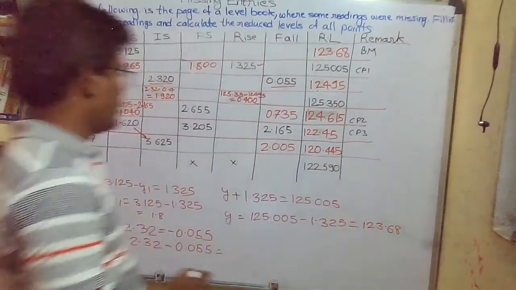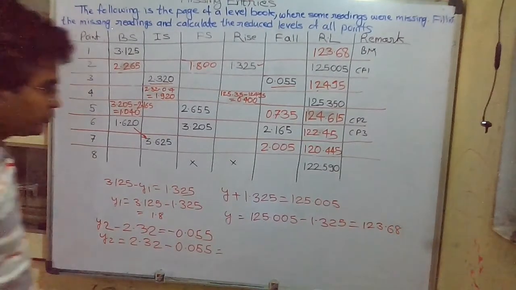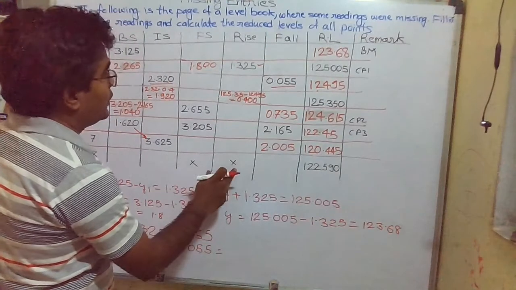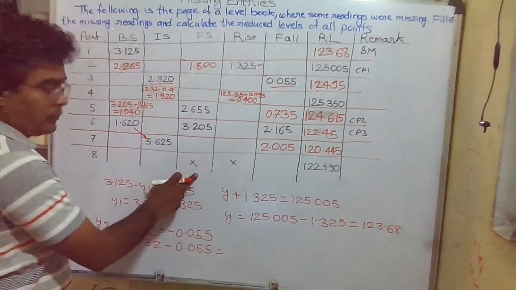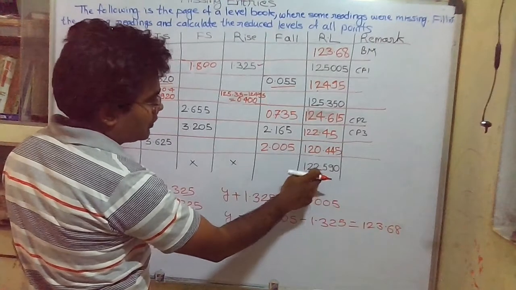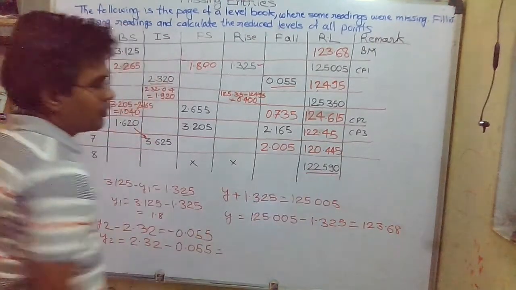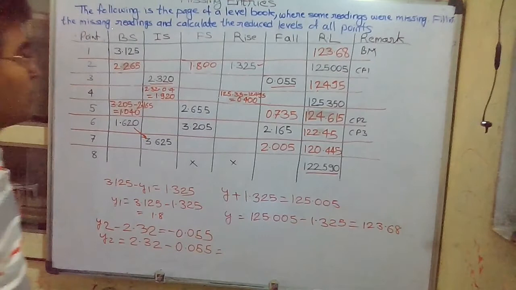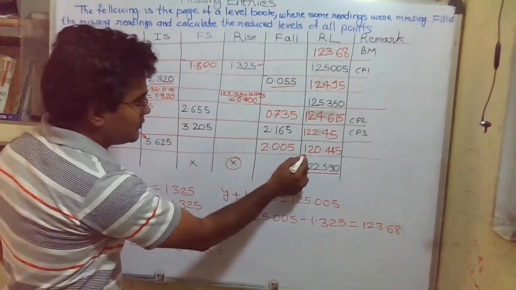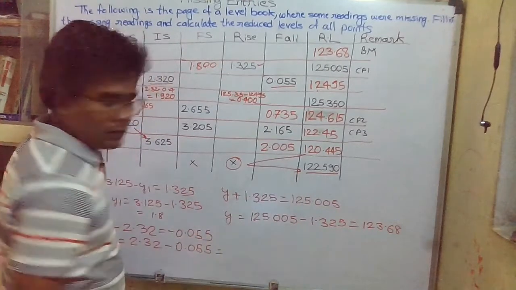Now here both values are missing. To find the rise, we need this value, so we will again do a back calculation. Here we have the last RL, 122.59. If we add this rise to the previous RL, we would get this value.